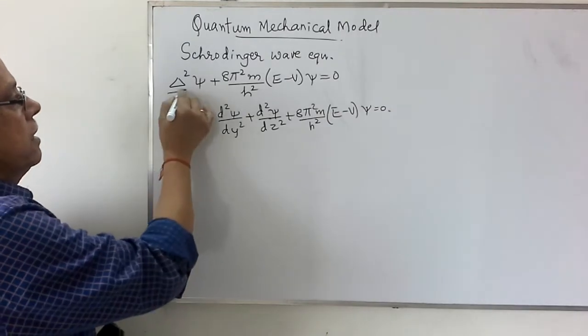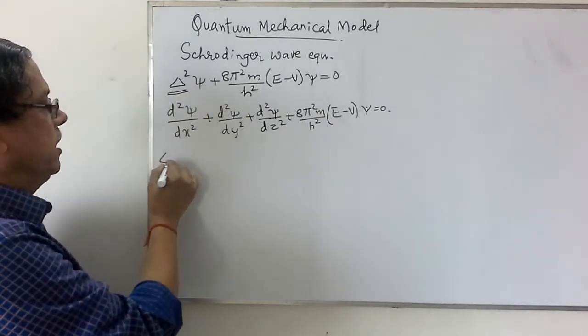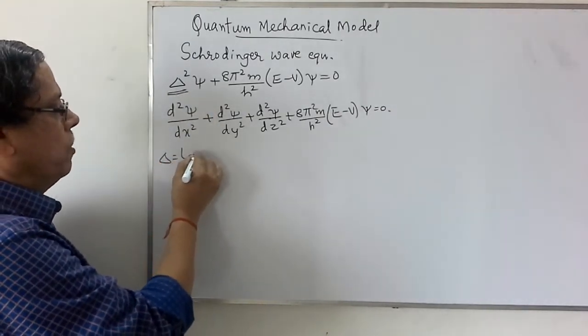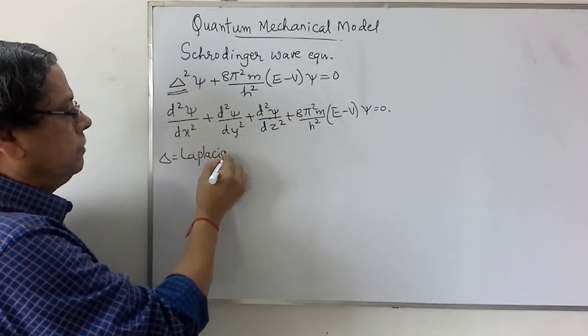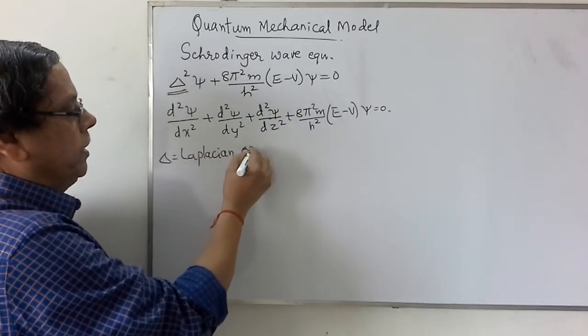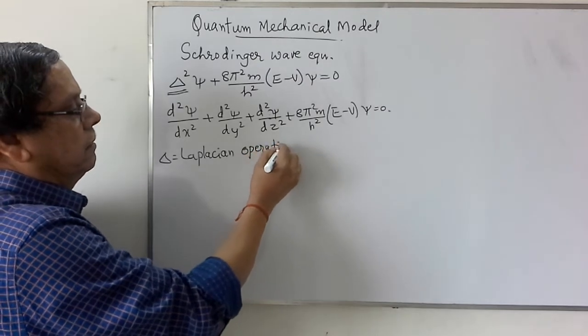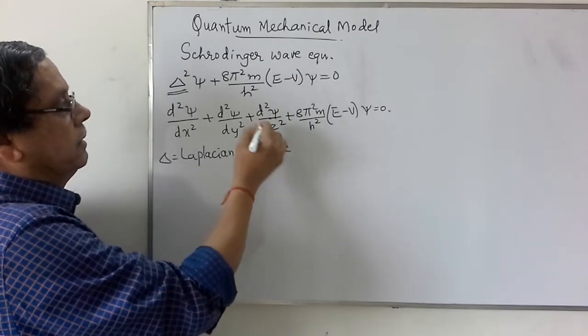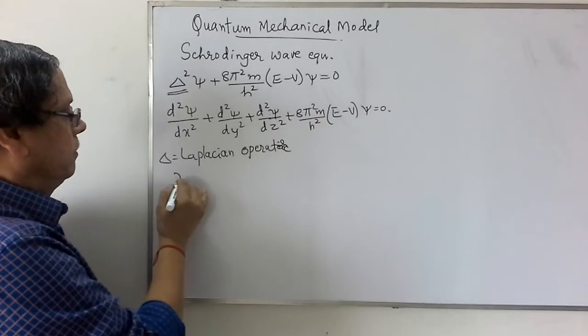So this del square, or del, is actually named the Laplacian operator. And this psi stands for the wave function.